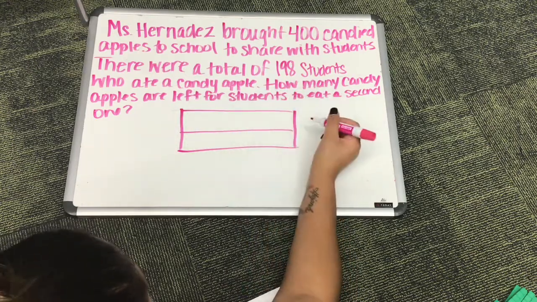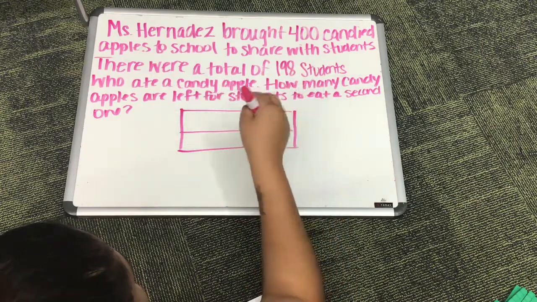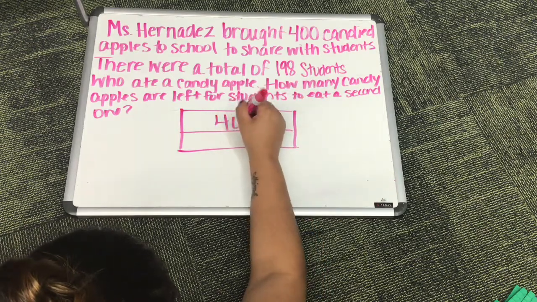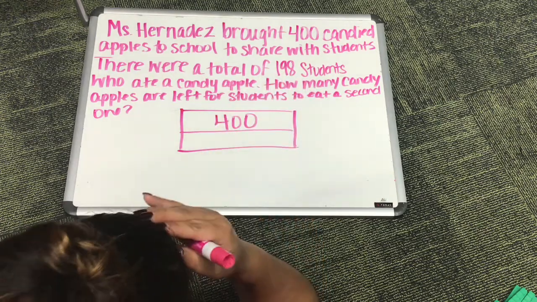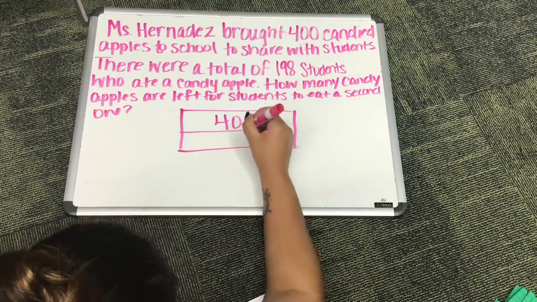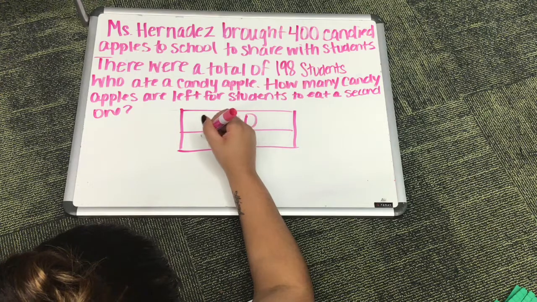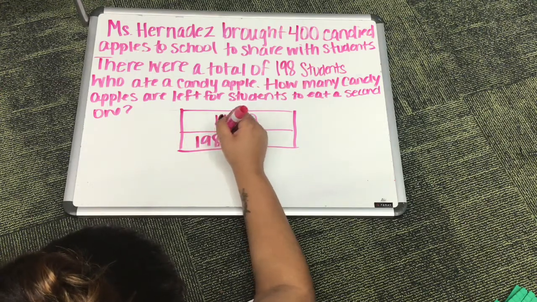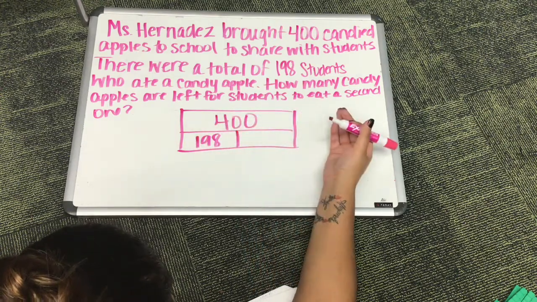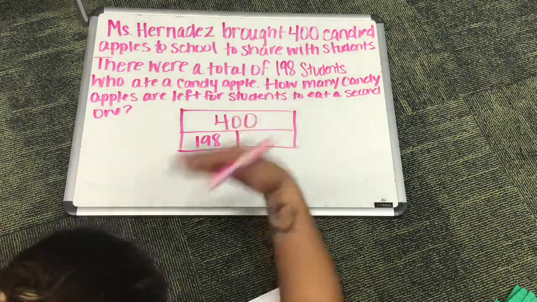So we have 400 candied apples as our total. And I know we have 198 students who ate a candy apple. So I know 400 minus 198 will give us the number of apples that we have left over so that students can eat a second one.